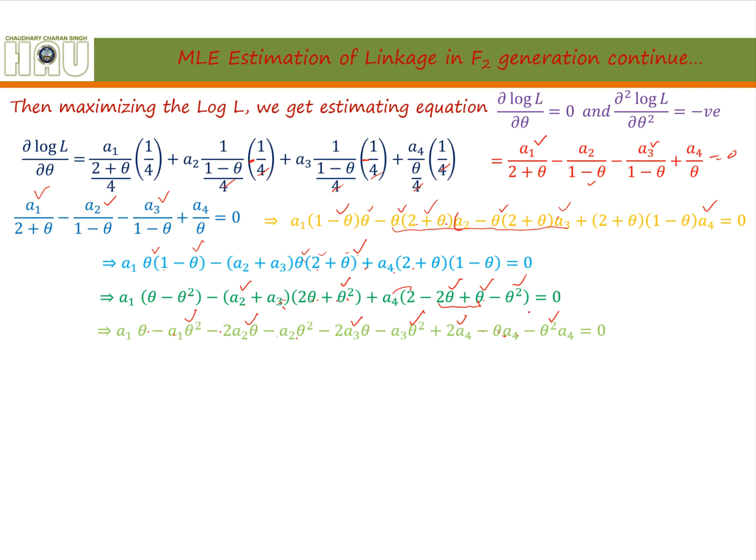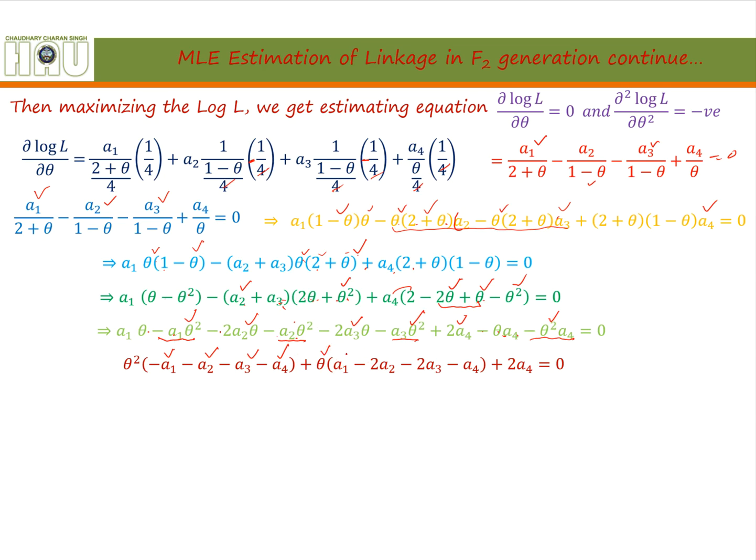So I obtained this in a theta square term. So this can be written like that. If I combine this term and this term and take theta square common, what do I get? This is minus a1, this is minus a2, minus a3 and minus a4. Then I combine all the terms of theta and take theta common. So what will I get?